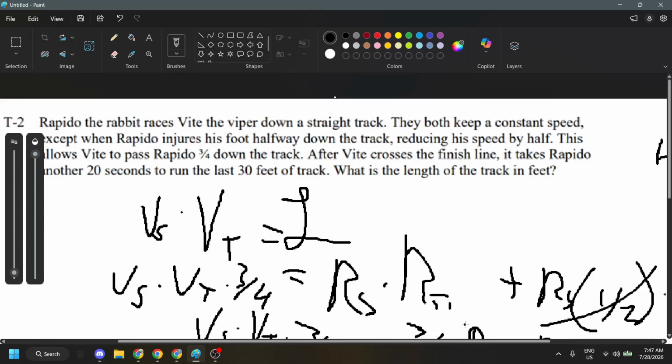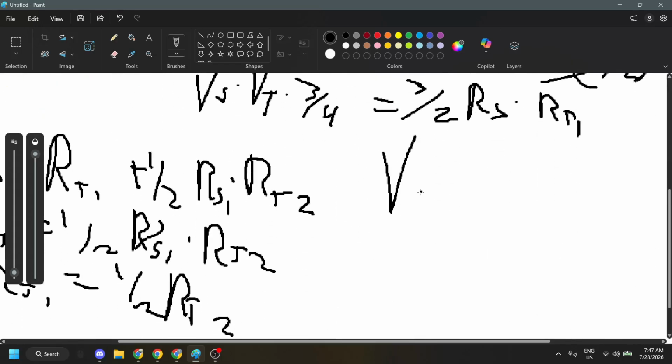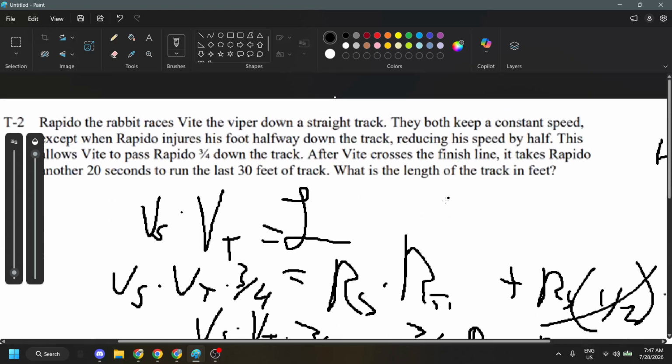So after Vite crosses the finish line, so we have VT, which is the time it takes Vite to cross the finish line.